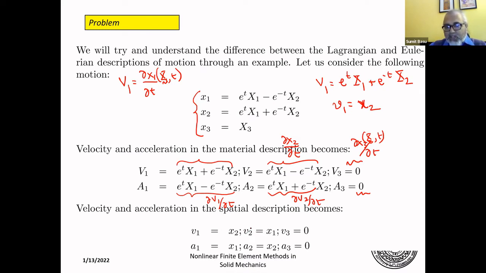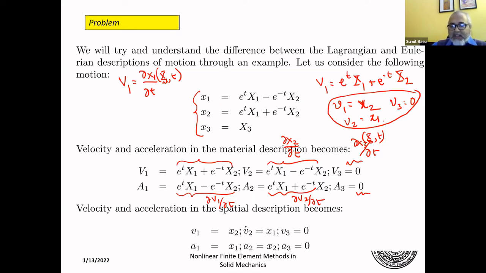Similarly, small v2, you can see it is exactly equal to small x1. So v2 is equal to small x1, and v3, of course, is equal to 0. So this is my spatial description now in terms of the small x's. And you can convert from one to the other if you know the motion.